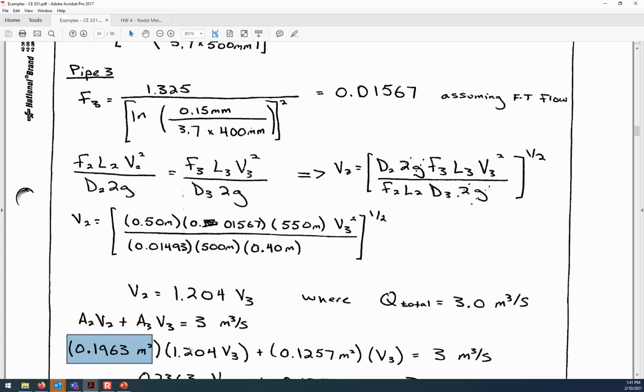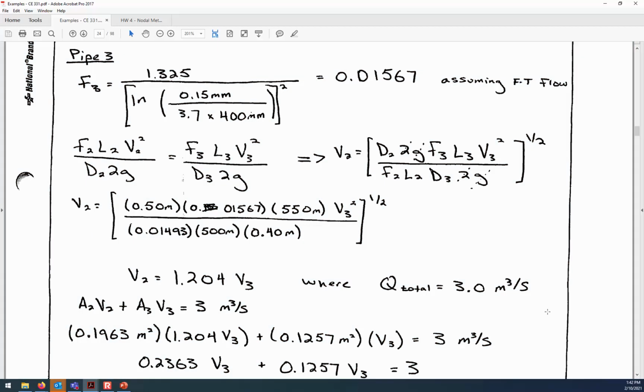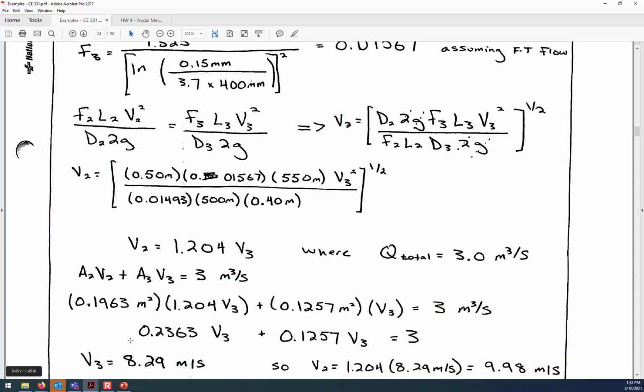That way we only have one unknown in this equation, because we had 2 equations, 2 unknowns, and when we combine them, we're solving an equation with only one unknown, V3. So the velocity through pipe 3 should be 8.29 meters per second once we substitute into continuity. And from that, we know the velocity through pipe 2, because it's 1.204 times as large.